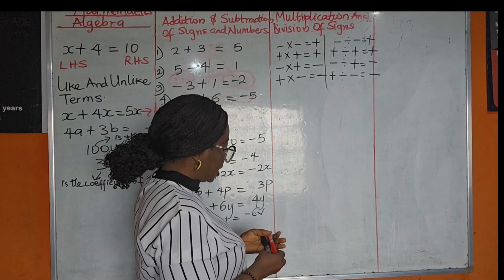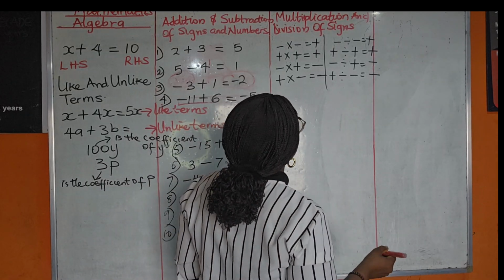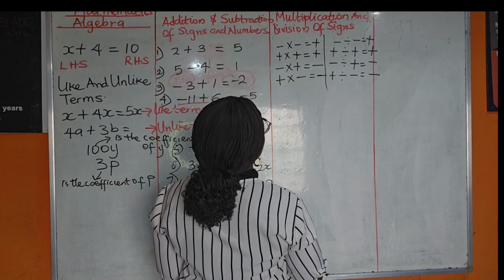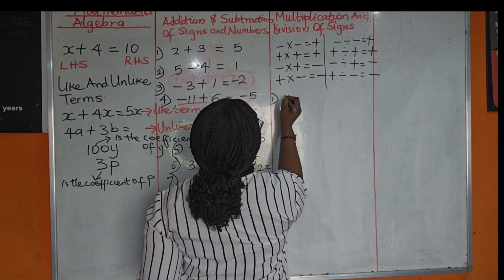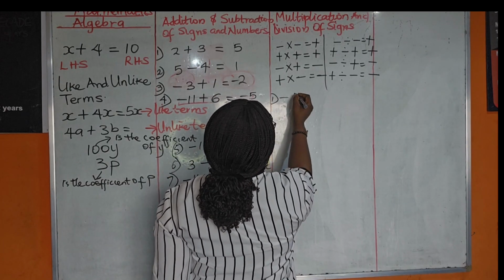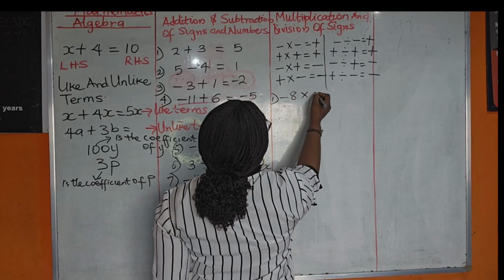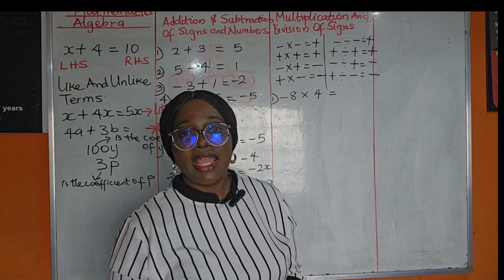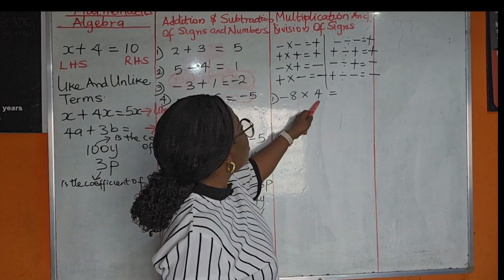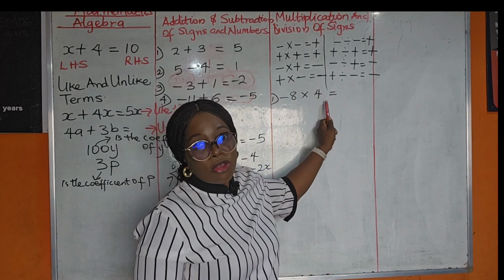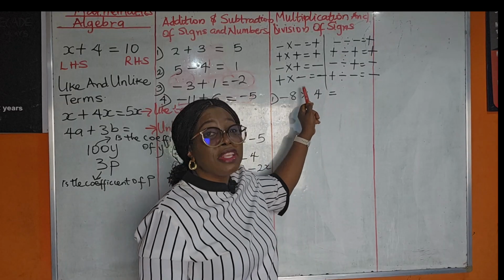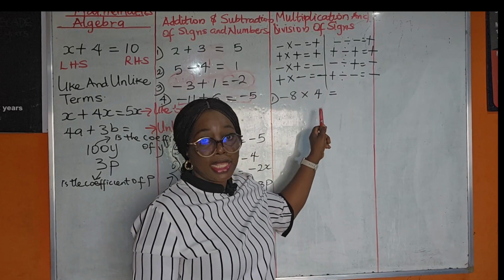So let's now fit it into letters and numbers. For example, if you have something like this, minus 8 times 4. Remember that this 4, what sign does it carry? It carries an invisible plus sign.